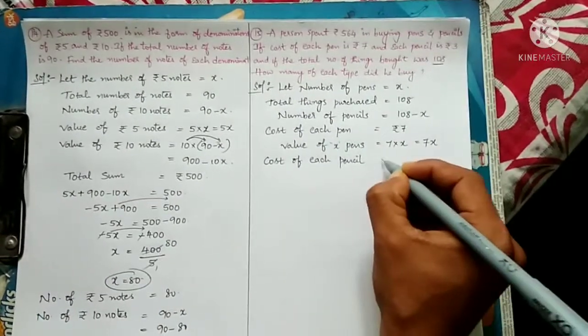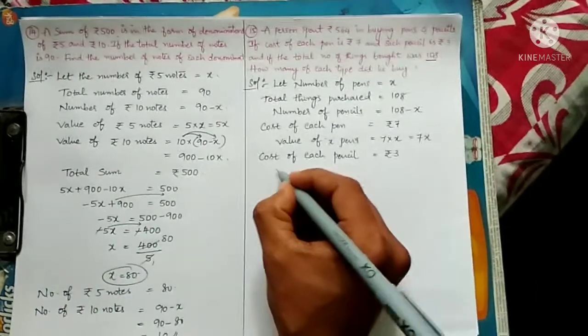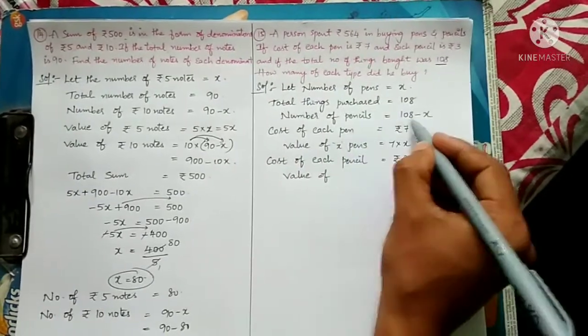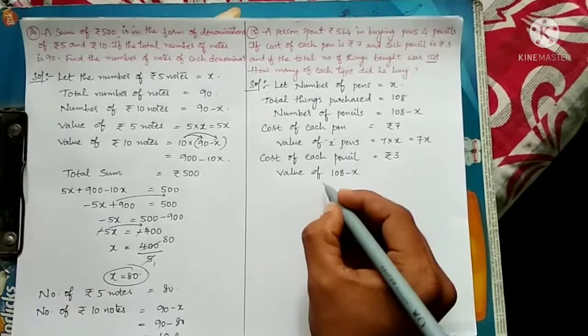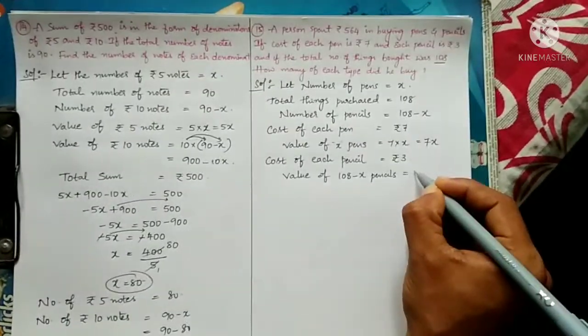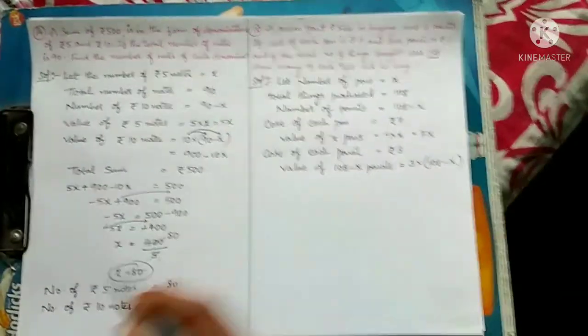Okay, in the same way I write the cost of each pencil. The cost of each pencil is rupees 3. Now we write the value of how many pencils? 108 minus x pencils is equal to 3 into (108 minus x).